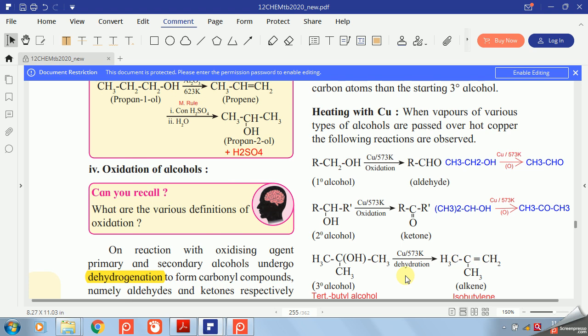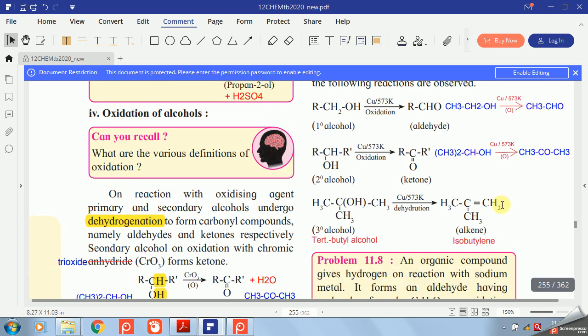So dehydration is the reaction. So you can write the byproduct as water.